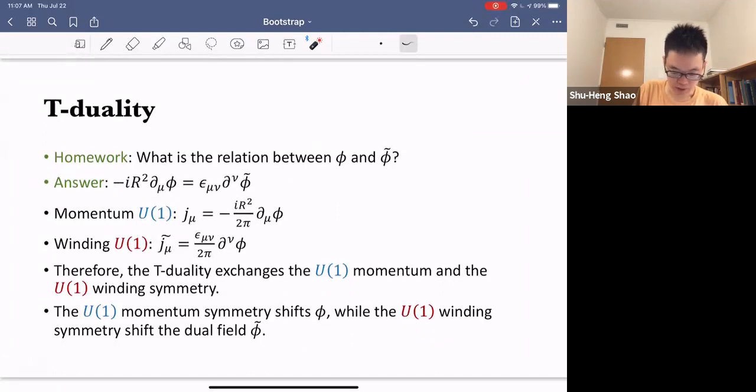You can show that the original field phi and the dual field phi tilde are related as follows. Roughly speaking, the time derivative of the original field phi is now the spatial derivative of the dual field, and vice versa.